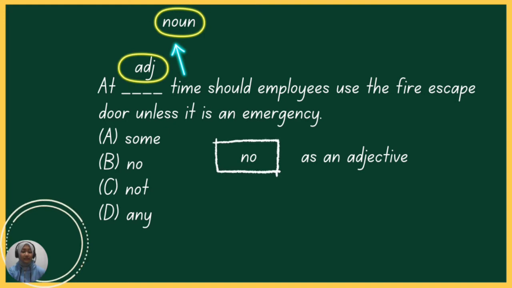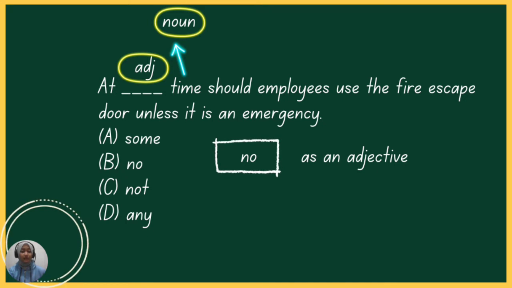Let's take a look at the example of the questions. Ini dia contoh soalnya. At blank time, should employees use the fire escape door unless it is an emergency? Kita lihat kata yang muncul setelah blank yaitu time. Ini adalah bentuk noun.